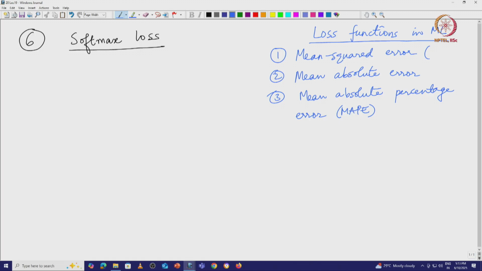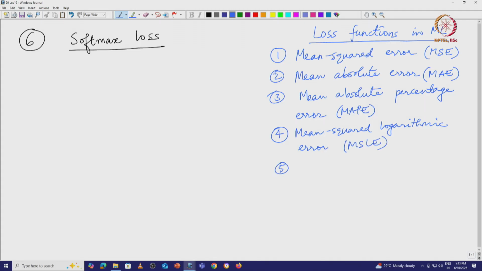The MSE is the mean squared error and MAE is short for the mean absolute error. We also looked at the mean squared logarithmic error, the MSLE, and we looked at the log loss, which is used for logistic regression.